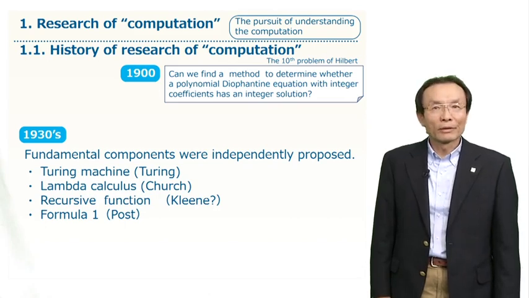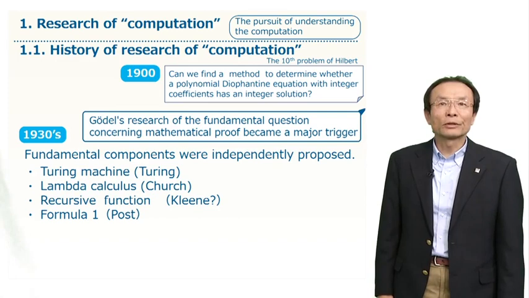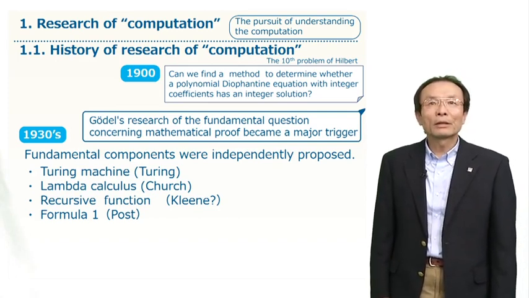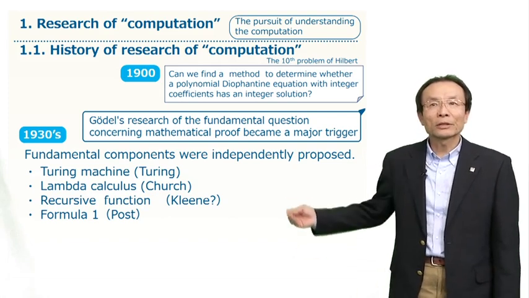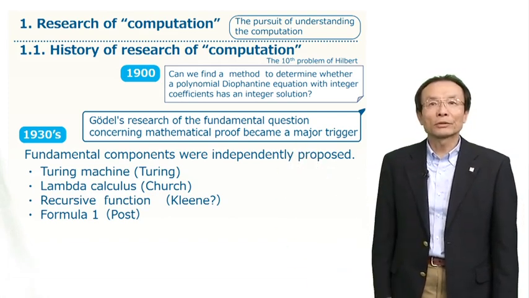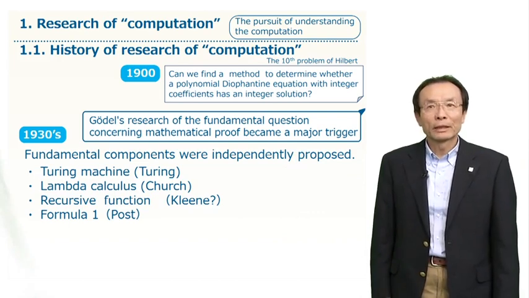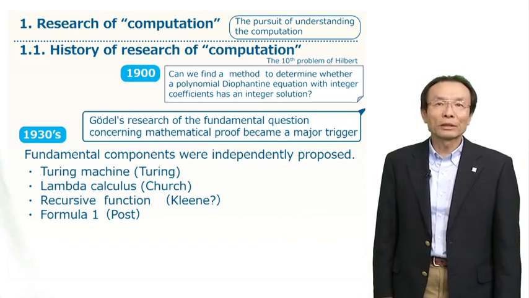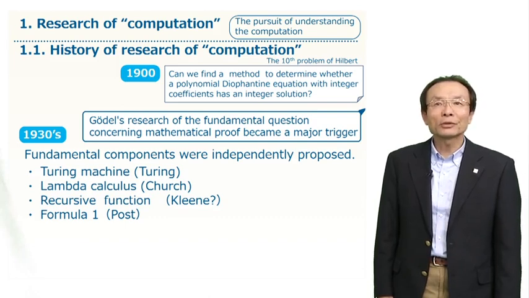There were several more. It is said that Hilbert's questions were the starting point of research into this field, but there were others, such as Kurt Gödel, who had been studying the fundamental question concerning mathematical proof. This was around 1932, but his research was also considered as a major trigger as well.